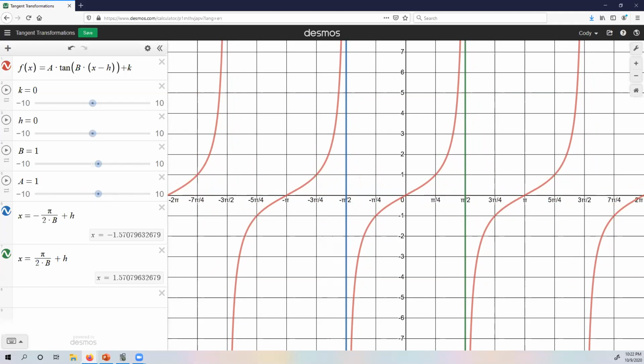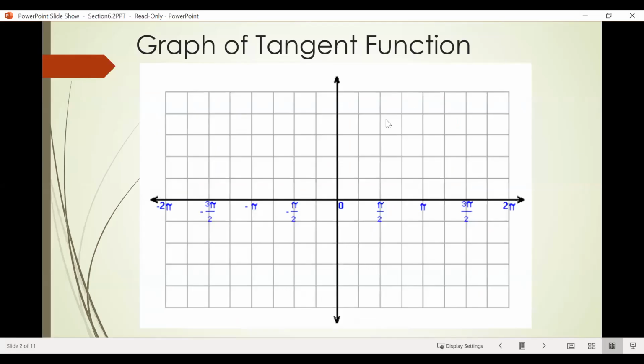All right, I'm going to go back to my PowerPoint here. And I'm going to draw back in the tangent function that we had. So we had, this was -1. So this is where -1 was. This is where +1 was.